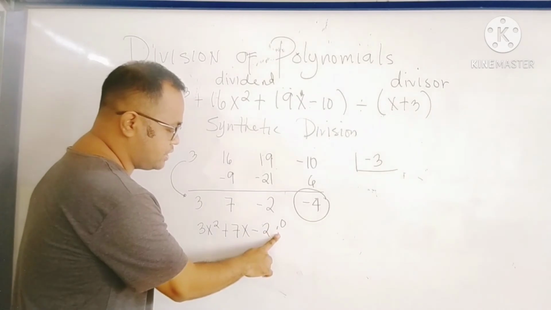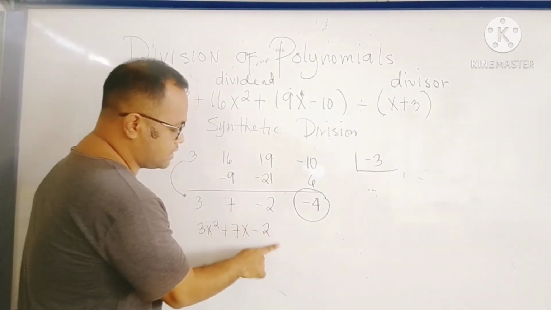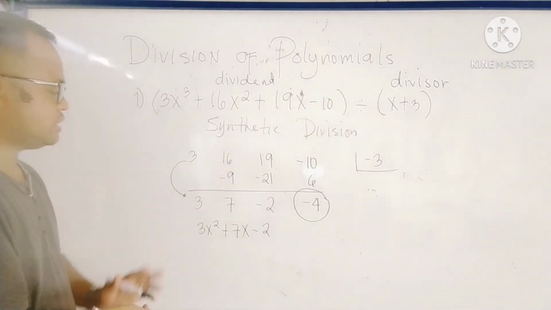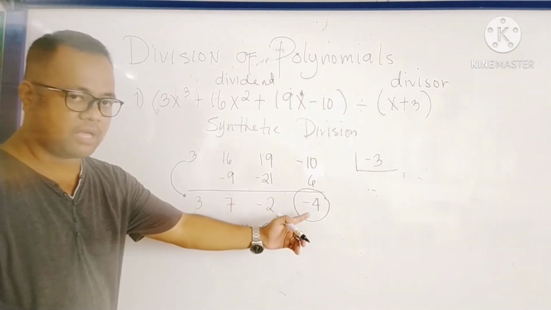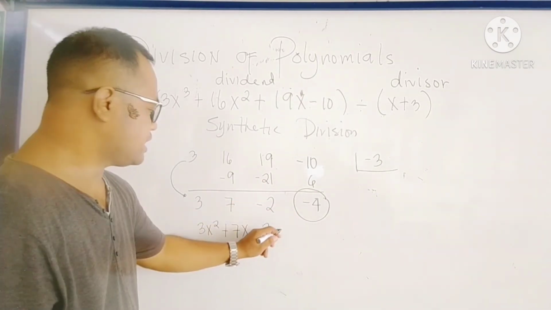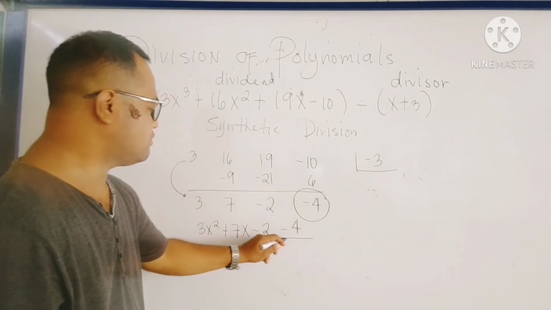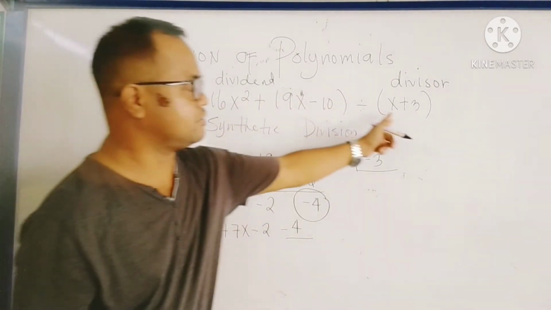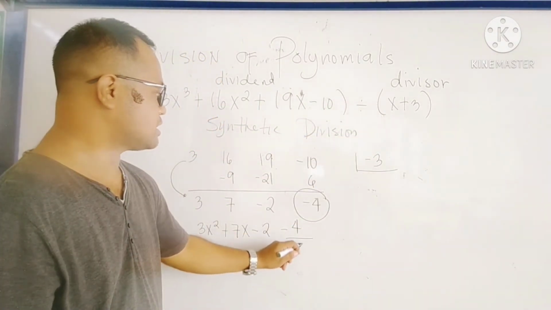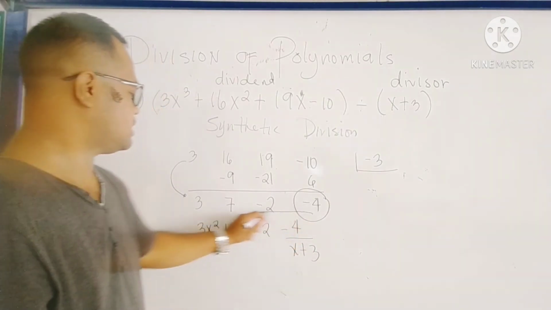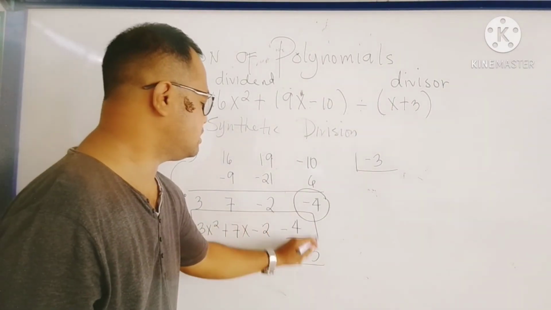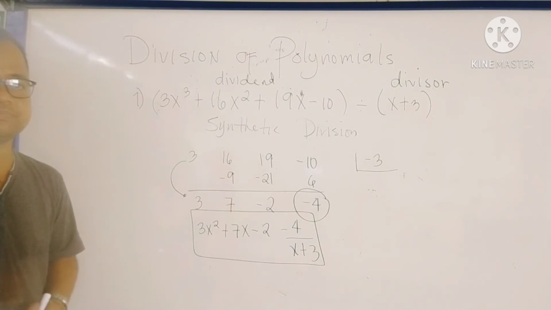So therefore, no need to write this 1. So this is the quotient. Now, we have the remainder, so you write here negative 4 over your divisor, which is x plus 3. And this is your final answer.